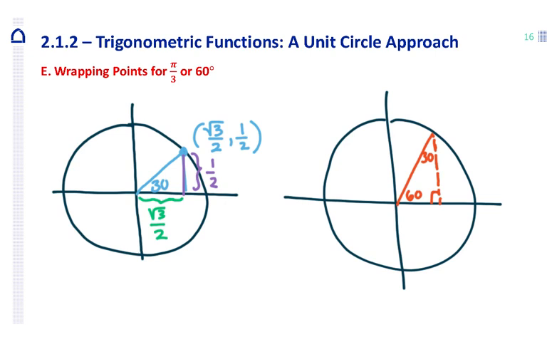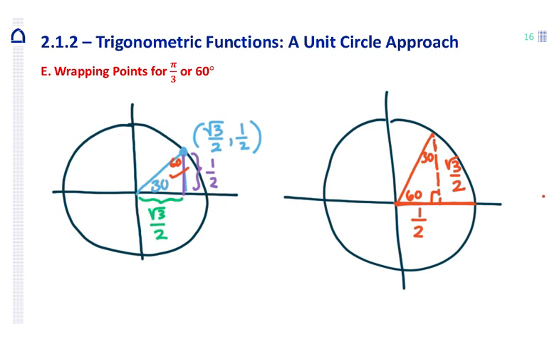So if you think about it, if we just flip this angle on its side and put the 60-degree angle as the angle in standard position, we know that the side length opposite the 30-degree angle is 1/2, and the side length opposite the 60-degree angle is square root of 3 over 2.